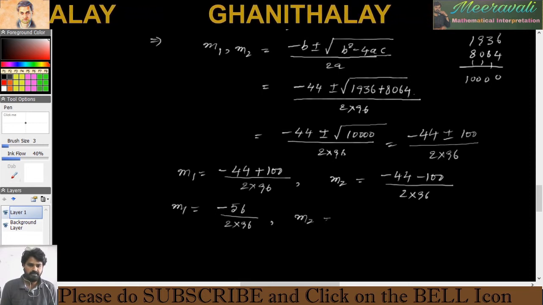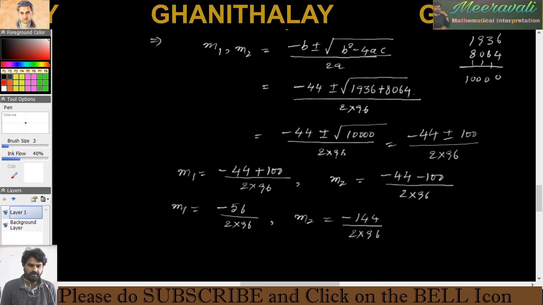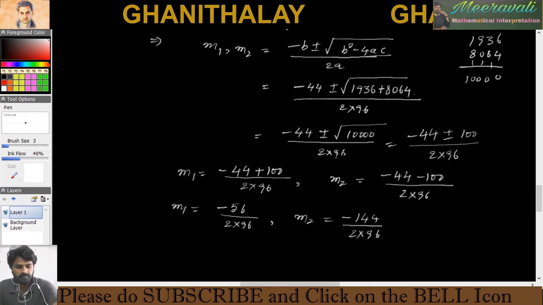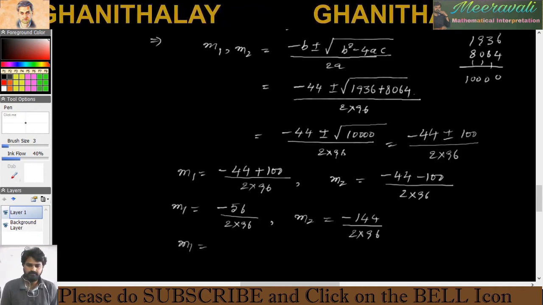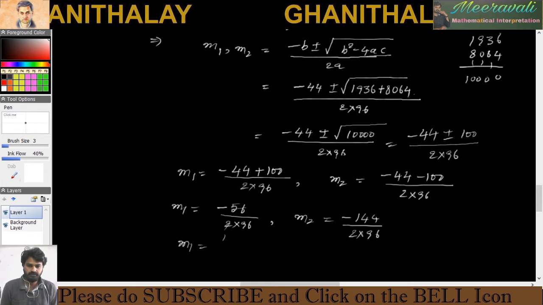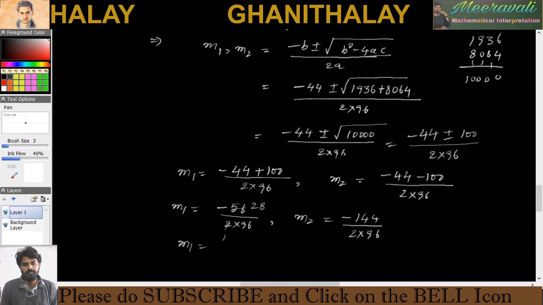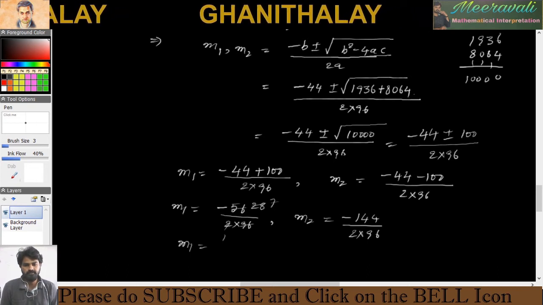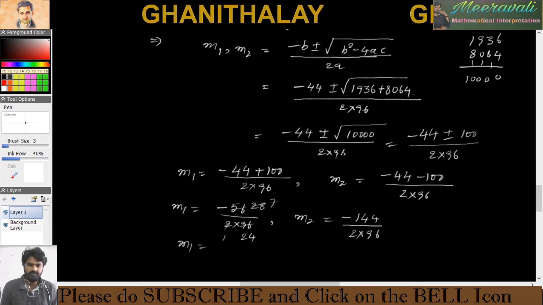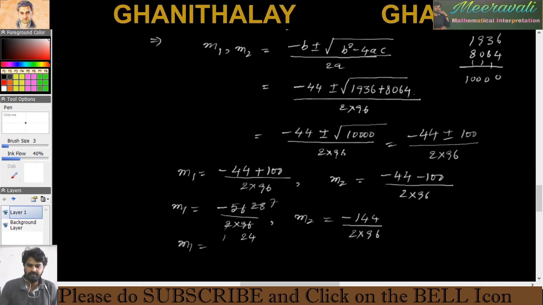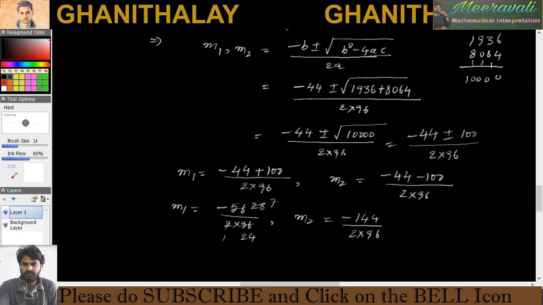Next, m2 is equal to minus 144 by 2 into 96. Okay. Next m1: simplifying, minus 7 by 24. This is the m1 value, minus 7 by 24.